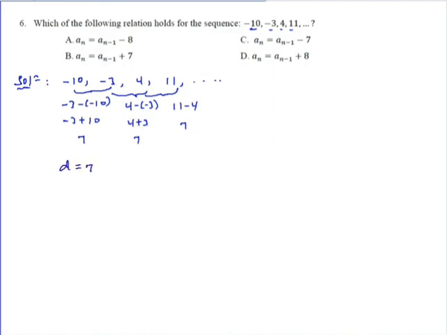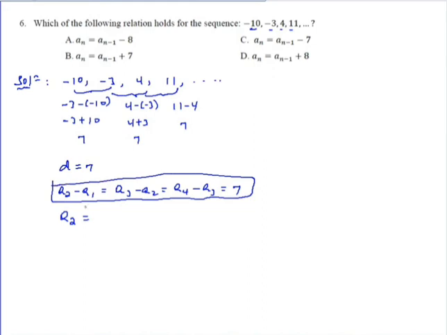D is 7. So you see the second term minus the first term is the same as the third term minus the second term, and so on. The fourth term minus the third term, all are 7. So what can we say? Just by looking at this, the second term is equal to the first term plus 7, right?